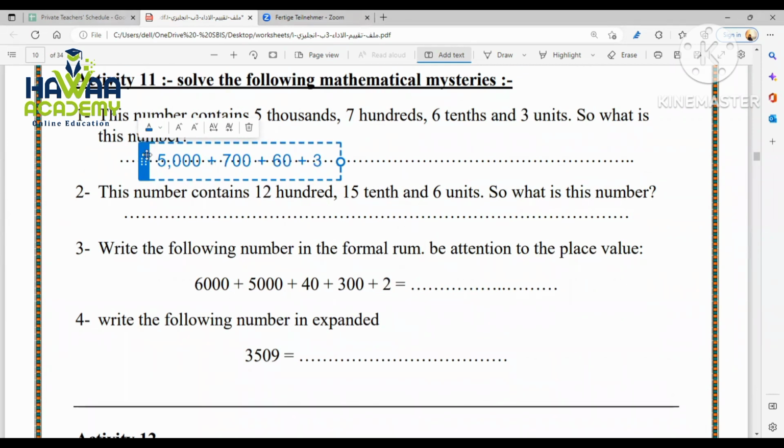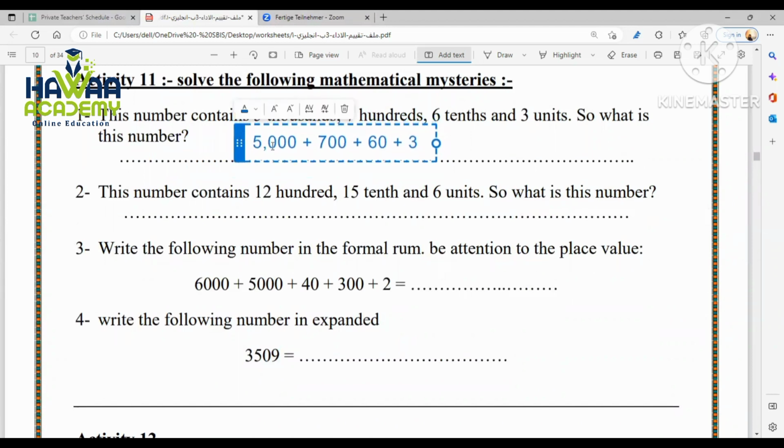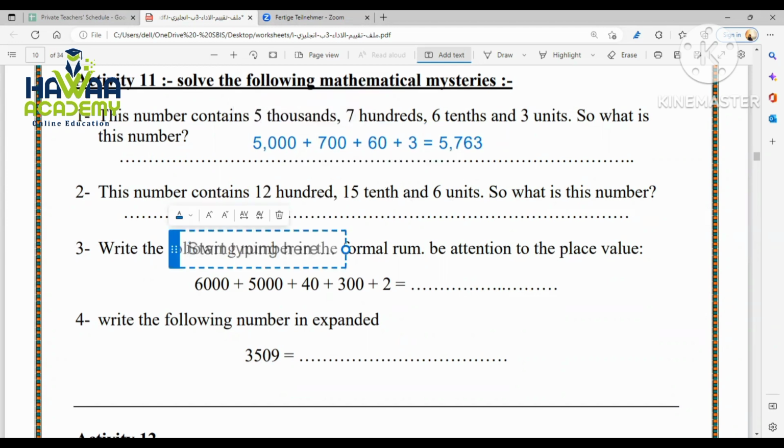The units are the same as the ones, so don't be afraid, okay? It's equal ones. So what is the number? I just need to add them, right? So I have 5,763. Good job.